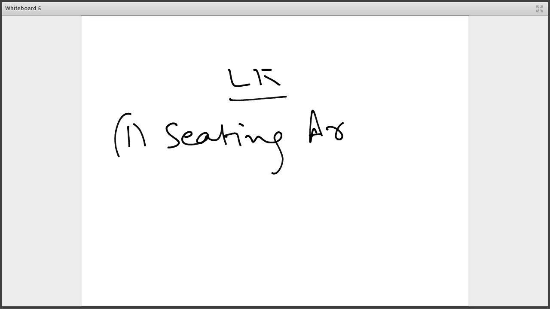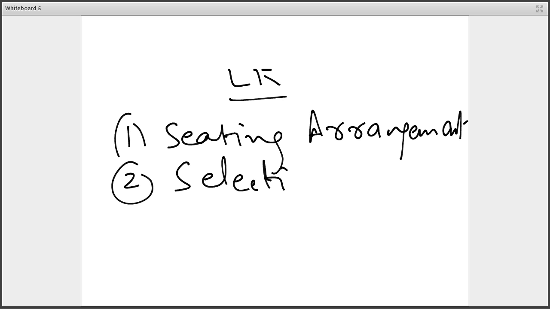Moving to LR. Very easy LR, very easy LR. Questions on seating arrangement. Your level 1 questions, level 2 questions of any LR book. Seating arrangement, both linear and circular.